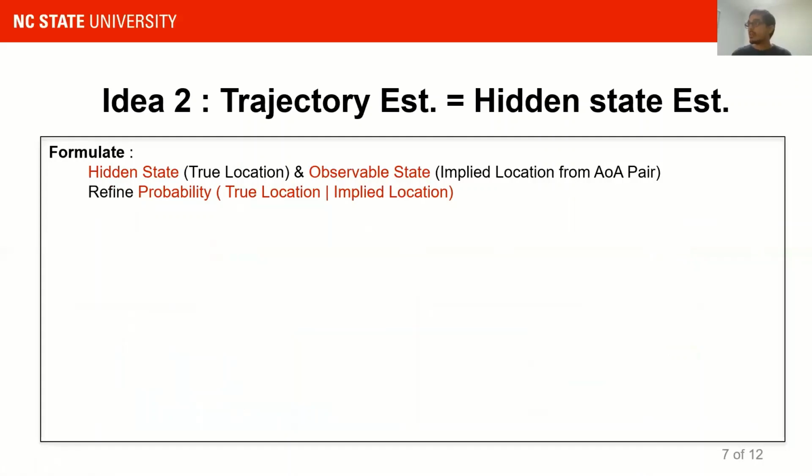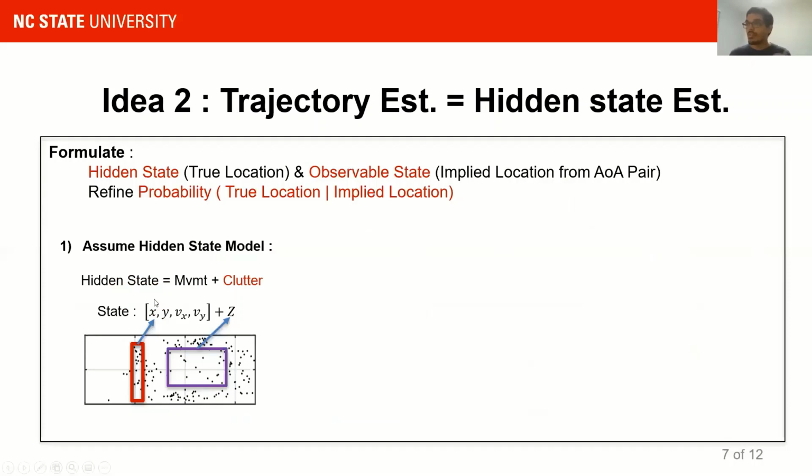Finally, in order to solve the trajectory estimation problem, we formulate that the true location is hidden from us, but the implied location from an AOA pair is observable. And so we aim to find the probability of true location given the implied location in the presence of noise. Now, due to time constraints, I'll present a highly simplified flow. Please refer to our paper for more details. So we basically assume a hidden state model where the location, which is hidden from us, is actually influenced by both the movement of the person as well as the clutter.